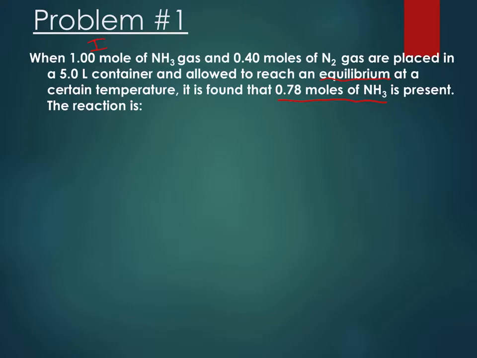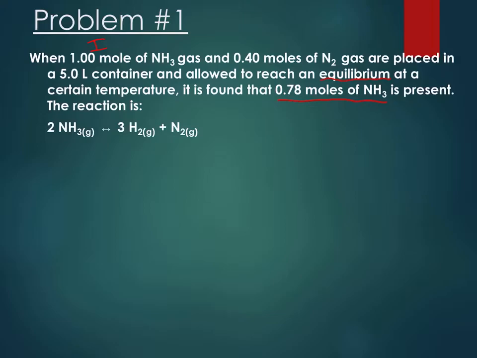So we're going to use that information to figure out what the change is. And because of stoichiometry, because we're dealing with moles, which is a relatable concept, we can figure out how the other substances change as well.